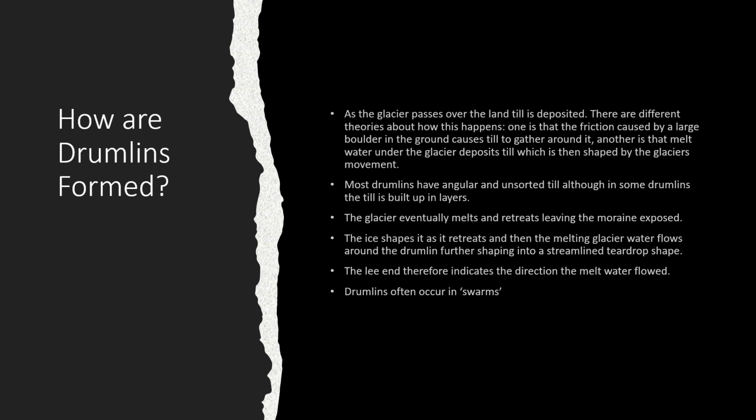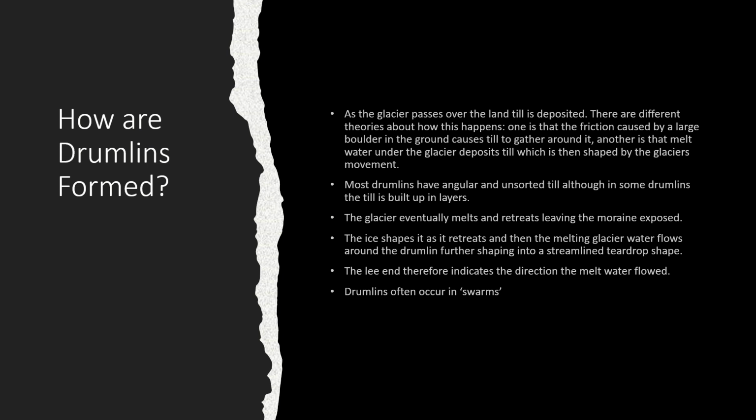Essentially, you just need to know that drumlins occur in swarms, that the pointy end of the drumlin indicates the direction that the meltwater was flowing as it shaped the drumlin, that as the glacier retreated, it melted, and all the melting water shaped the jumbled up pile of rock into a teardrop shape, and that the jumbled up pile of rock got there because the glacier deposited it. That's the kind of more simple version.